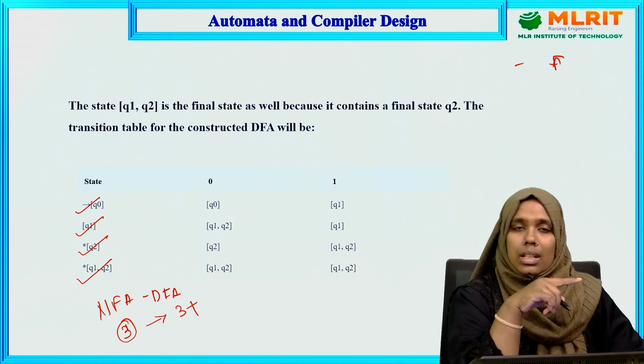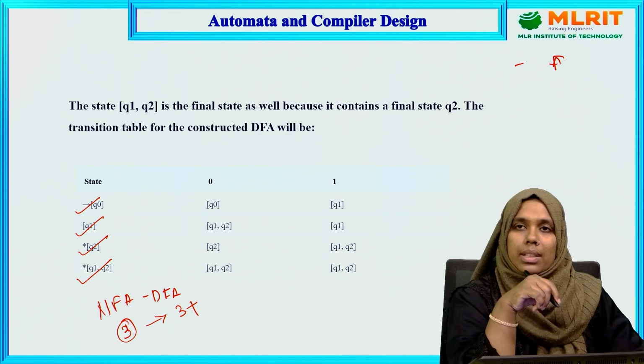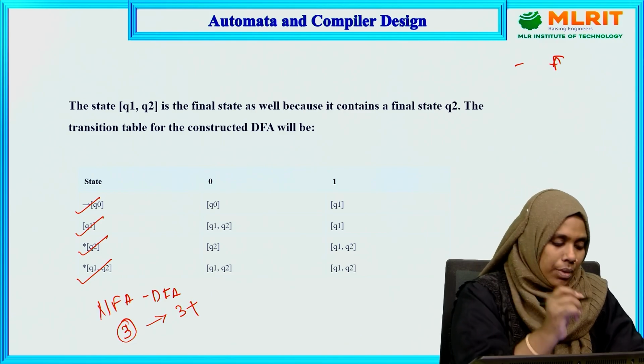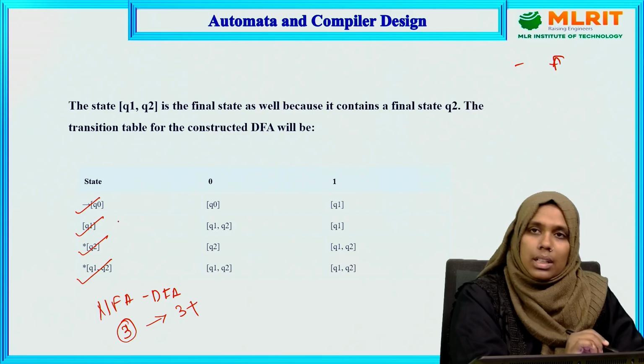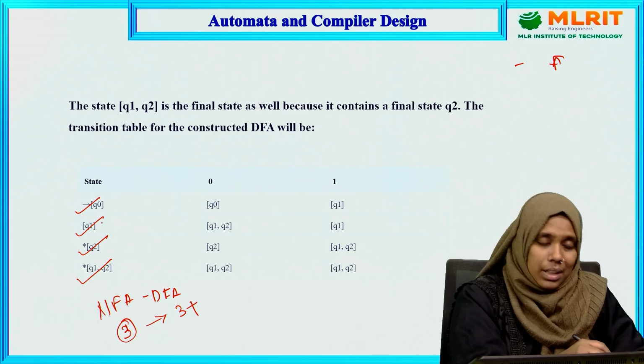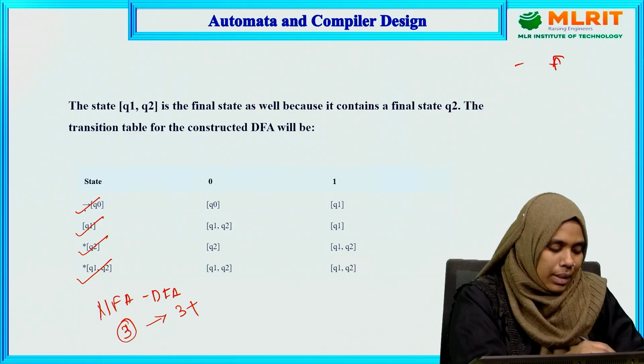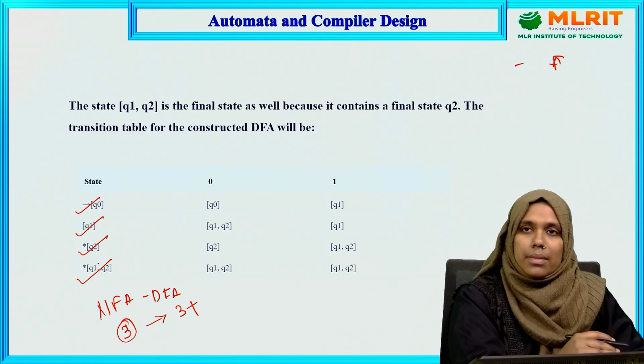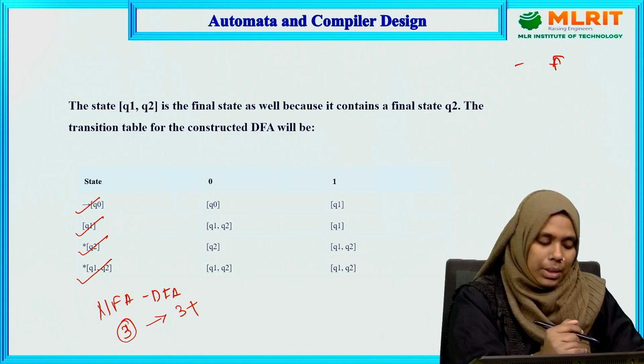That means whenever we are converting NFA to DFA, the number of states will be increased compared to NFA. If you can see here, previously in the problem we had 3 states in the NFA. Now when we are converting NFA to DFA, we are having 4 states. That means the number of states will get increased whenever we are converting NFA to DFA.